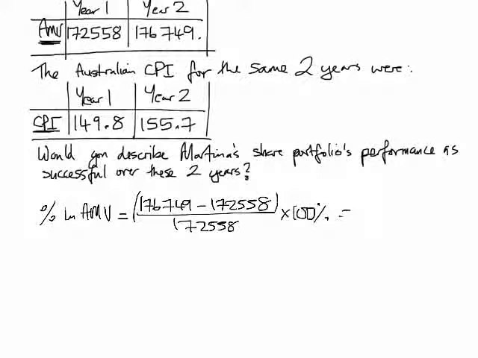So I'll chuck that in the calculator. 176,749, take 172,558, divided by 172,558, times by 100%. You will get 2.43% to 2 decimal places. So what is that saying?